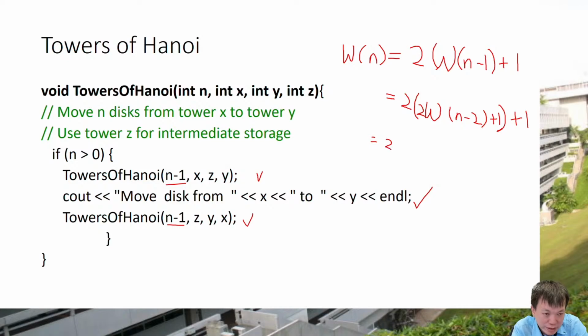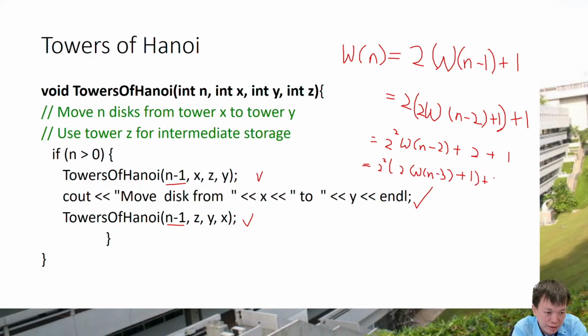Then you simplify it, and it is 2 power 2 times W(n-2) plus 2 plus 1. So you carry on to another recursive call. Inside this n-2, you will call another 2 recursive functions on n-3. Each recursive call reduces by 1, then plus 1.